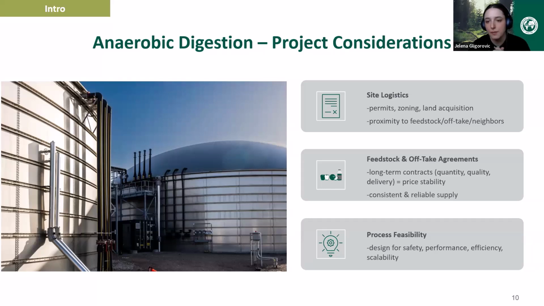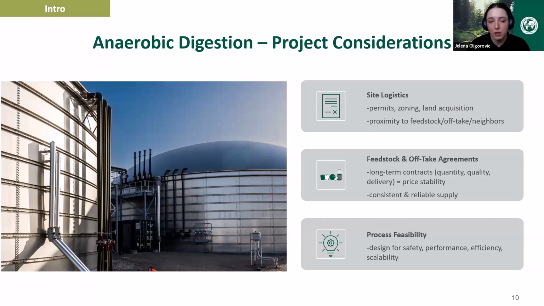So the first important part of establishing a project is getting a site for the facility and ensuring that the logistics of obtaining and using that site are taken care of. So this relates to permitting, zoning, and land acquisition. Something that also needs to be taken into account here is the site's proximity to its feedstock, i.e. the waste producers, and also the offtake, so like the pipeline and, for example, the farms where there's going to be land application of digestate.